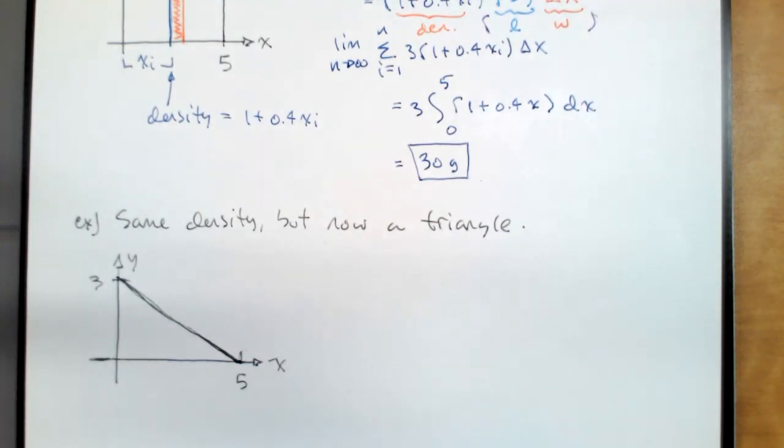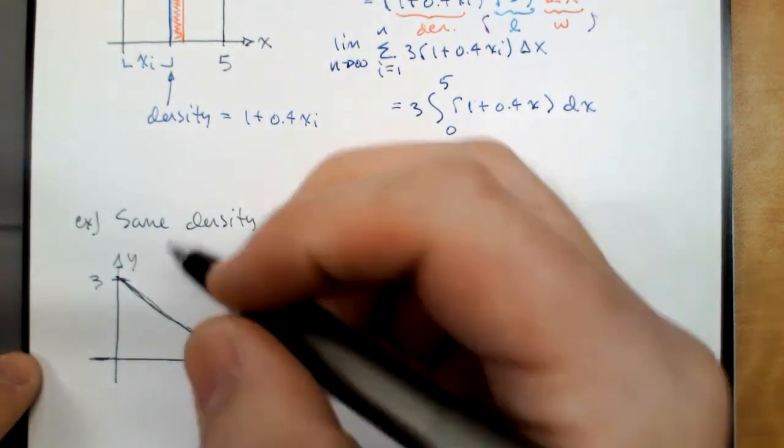So now I'm making two things variable. The density is still 1 plus 0.4 times xi. So I'm using that same density.